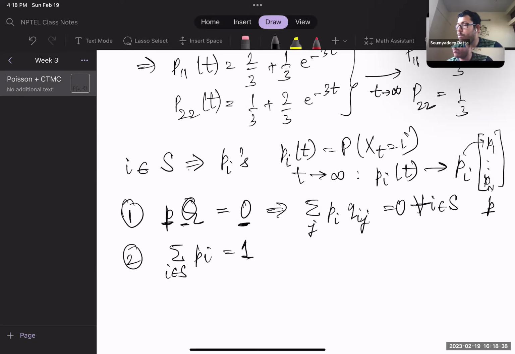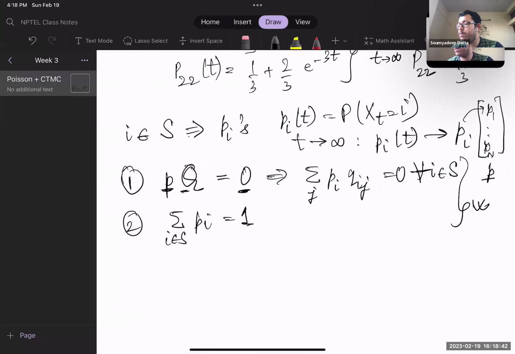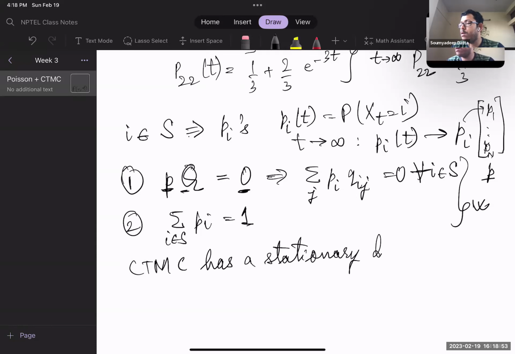These two are key properties, and we need both of them to be satisfied in order for a CTMC to have a stationary distribution. That is, if we look at this Markov chain at time t equal to infinity, we have an idea of what state the system can exist in, at least with some probabilities. It does converge to some stationary distribution. Does that make sense?